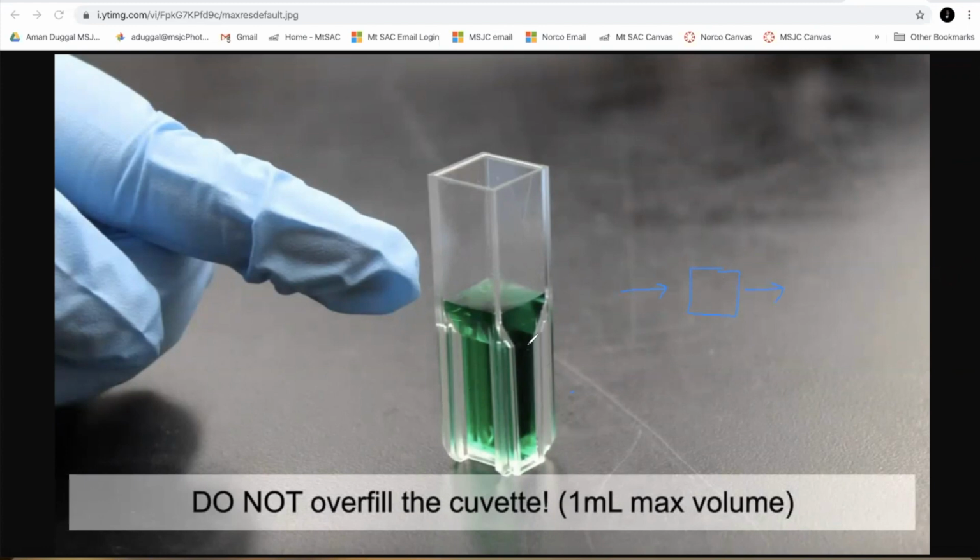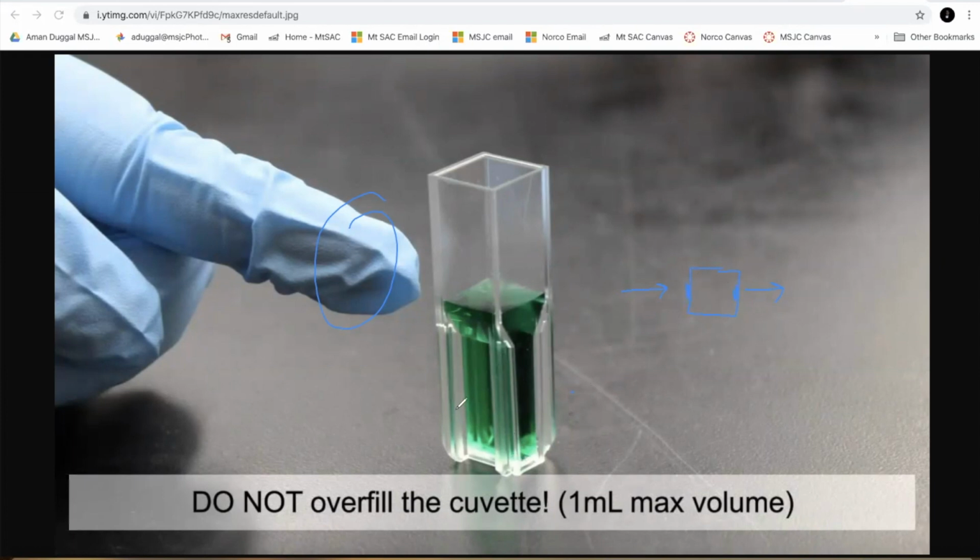So first of all, it's important that we use a Chem wipe to clean the cuvette so that we don't have any fingerprints. And it's a good idea to wear gloves. Even if you're wearing gloves, just to avoid any dust particles, you still need to wipe it down. That's one thing, that it's important to wipe down the sides so that the light is not absorbed by the fingerprint itself.